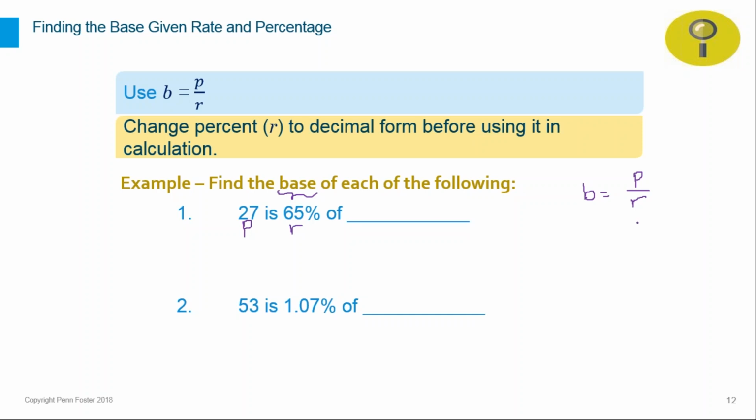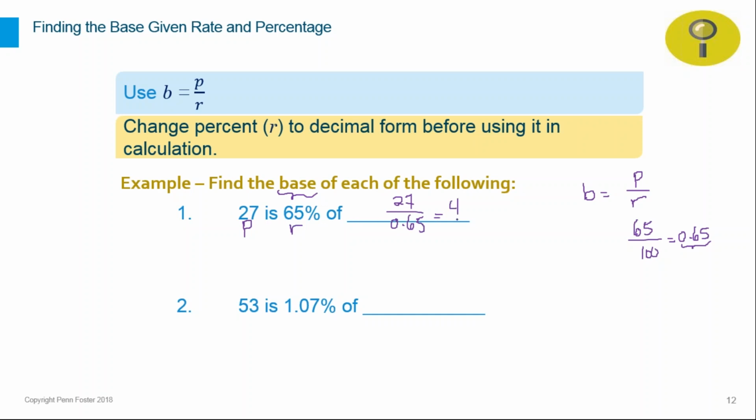So I'm going to divide 65 over 100, and that will give me 0.65. This is what I'm going to use in the formula. So I'm going to divide P, which is 27, over 0.65. That will give you the base, the original amount that this 65% was applied to and was found to be 27.